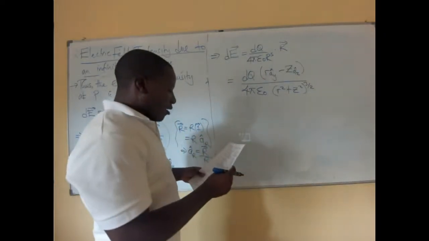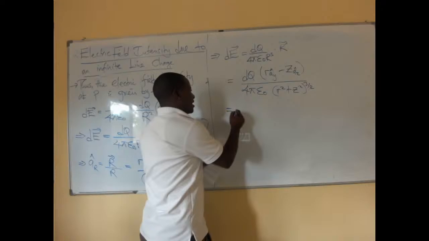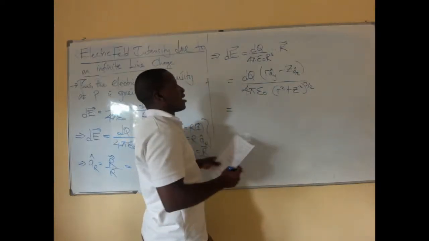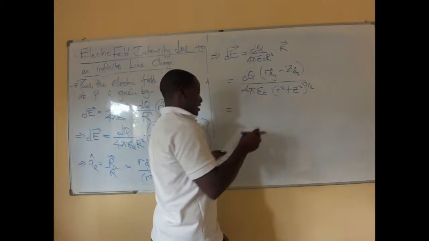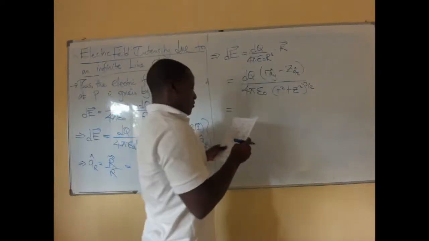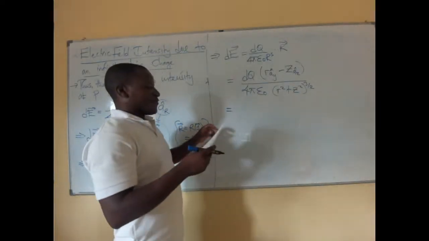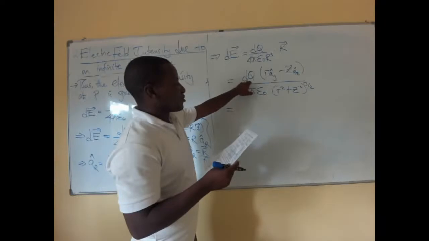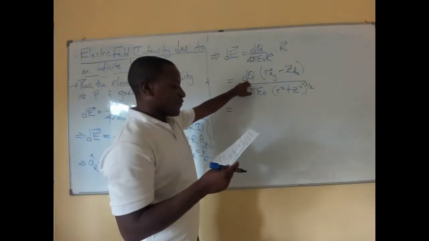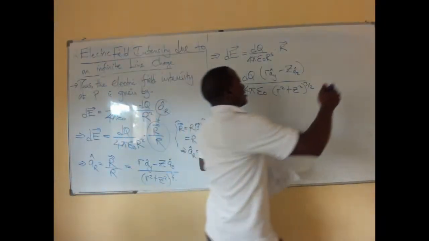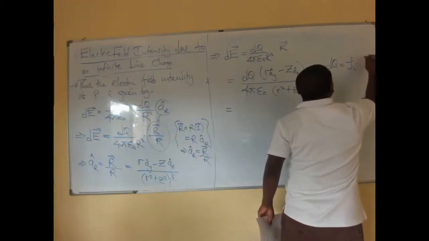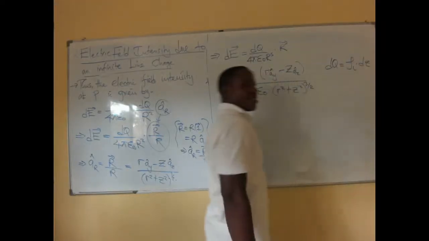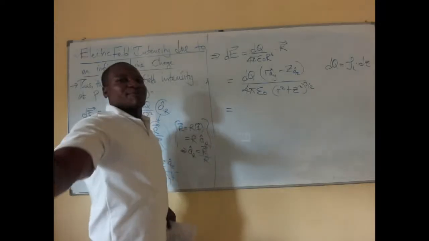Now, we continue to dismantle that and see how we can reduce it further. You remember very well that we had defined this dq from the beginning as dq equal to the line charge density into dz. So immediately we make that replacement there.